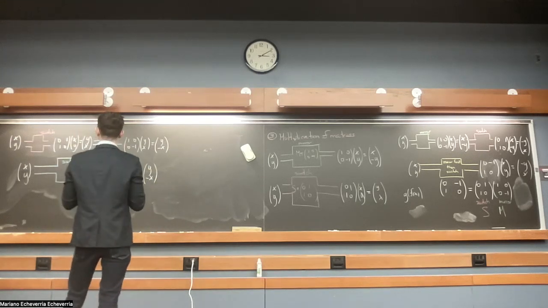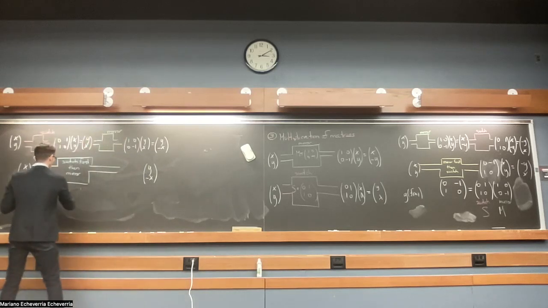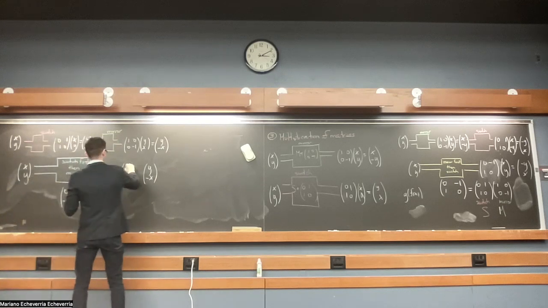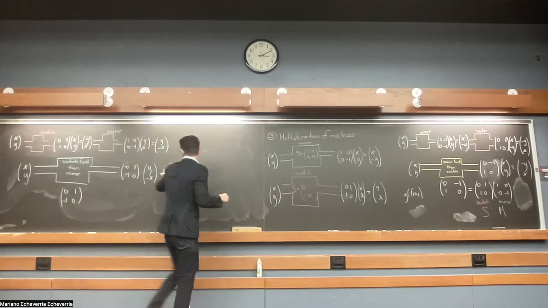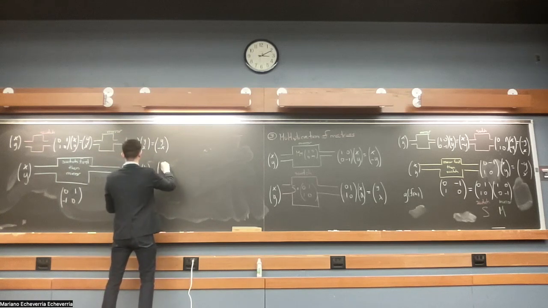But the idea is that there's a matrix that you can find for this process, which would be what? Let's see if we can get it. 0, 1, and -1, 0. Right? If you do 0, 1, -1, 0, times x, y, and y.